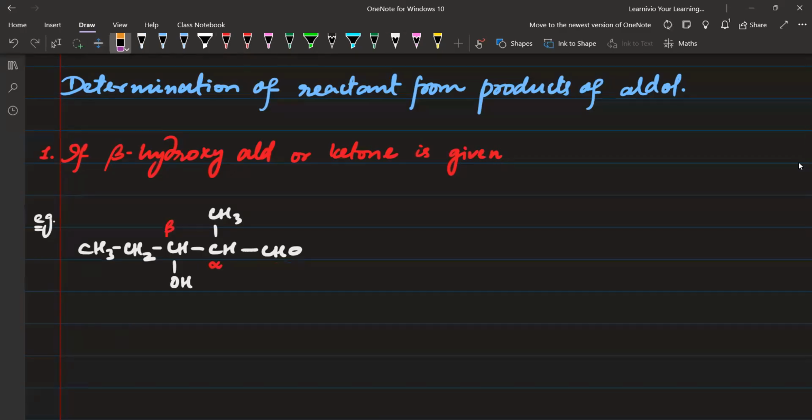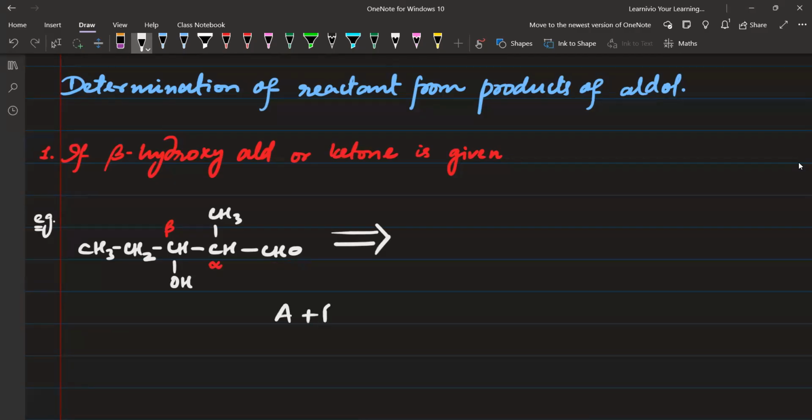The beta will always have an OH group if it is a beta hydroxy aldehyde or beta hydroxy ketone. Now, this arrow is known as the retrosynthetic arrow. It is not in your syllabus, but it makes things easier.